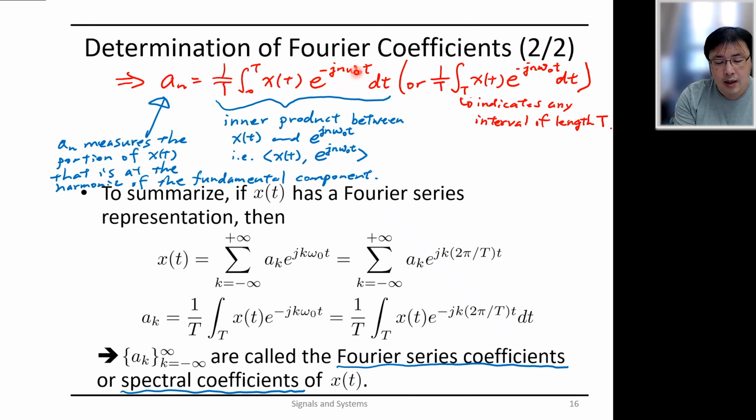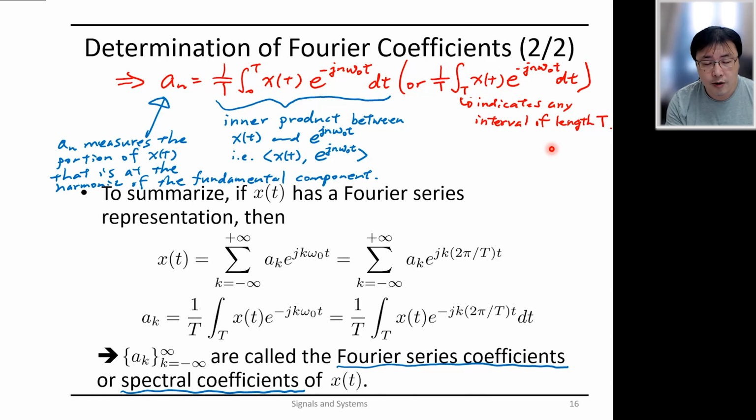Now, since the signal inside the integral is periodic with respect to period capital T, it doesn't really matter what range you are taking this integral over. As long as this integral extends over an interval of length capital T, you should get the same result.